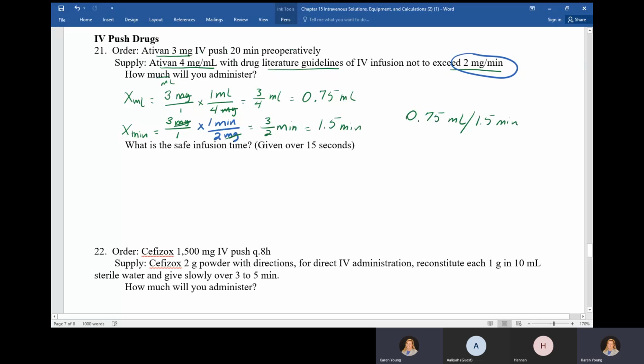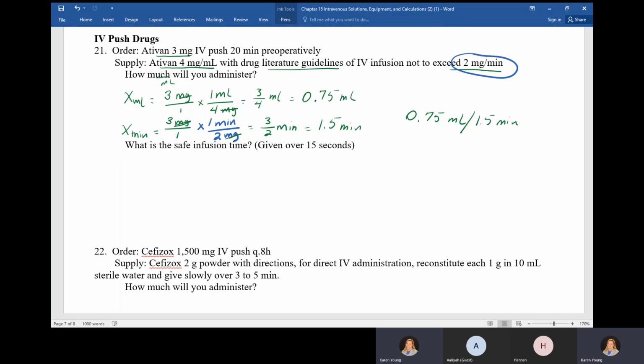Okay, now like she was doing in the video scenario, she was giving 1 milliliter every minute, which worked out perfectly because she would give a milliliter, then let it infuse. All right, this is a little harder because you're giving 75 hundredths of a milliliter over 1.5 minutes.